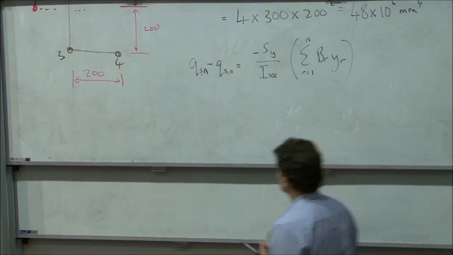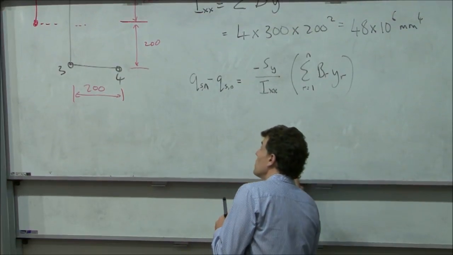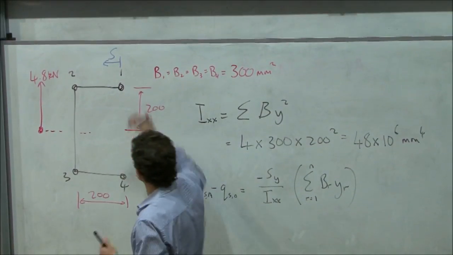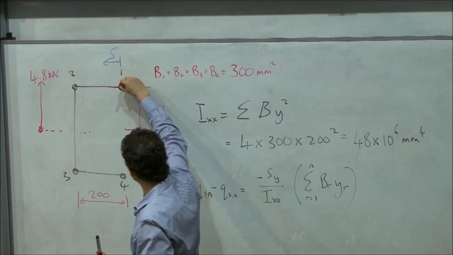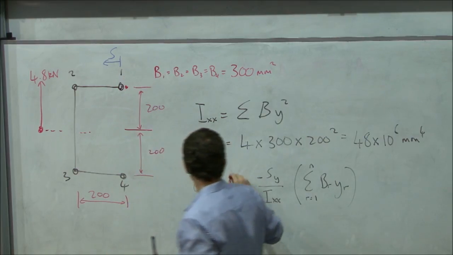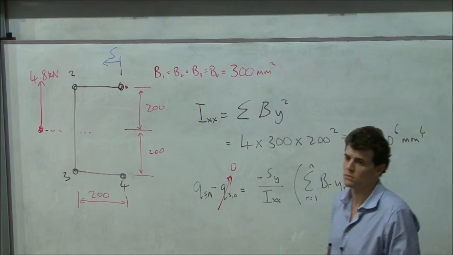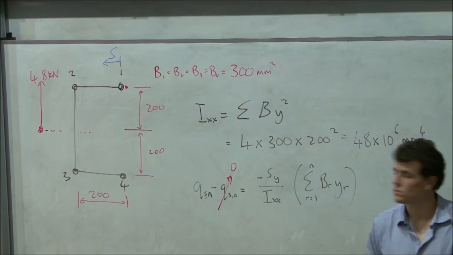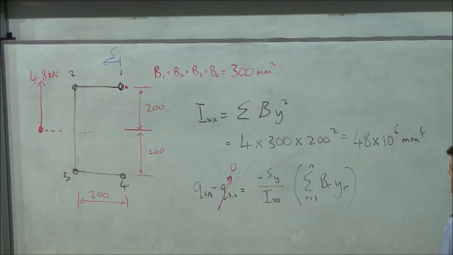It's 0. We've got a starting point where we know it's 0. Okay, our starting point is out here somewhere. We know the shear flow is 0, so we can get rid of that bit.